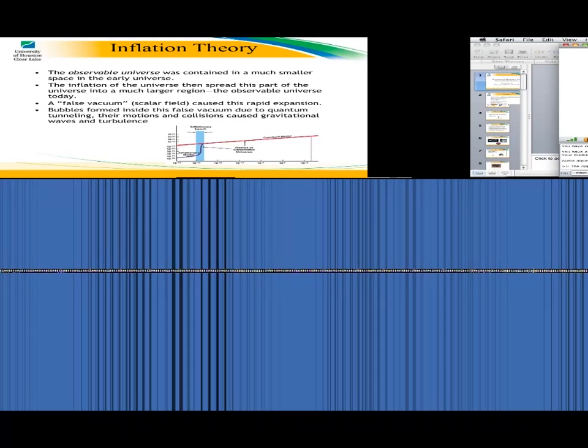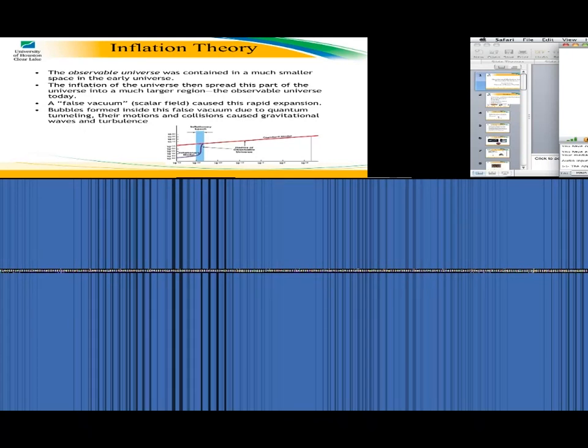It's really interesting because the expansion actually occurred faster than the speed of light, which is allowable because Einstein's speed of light limit only applies to things moving within space-time. If space-time itself moves faster than the speed of light, that's allowable. So space-time expanded faster than the speed of light, and you had the scalar field, and outside of the scalar field, you had a real vacuum. And over time, as this thing cooled, the two of them sort of mixed.